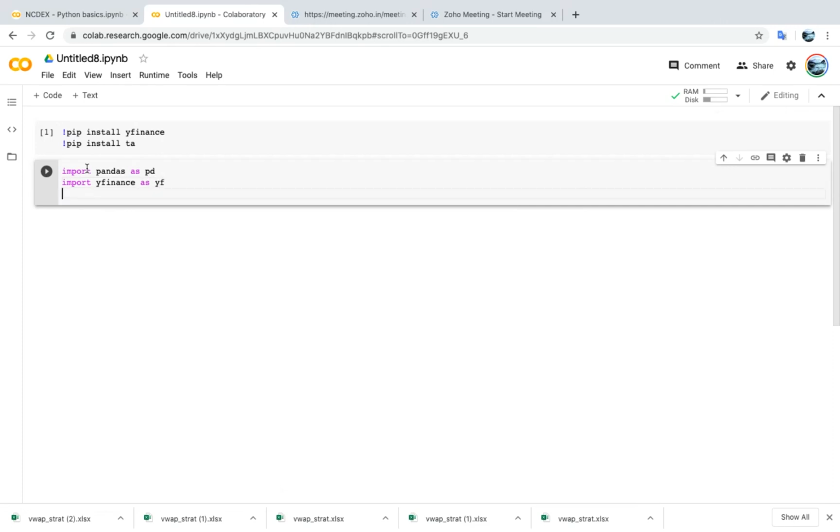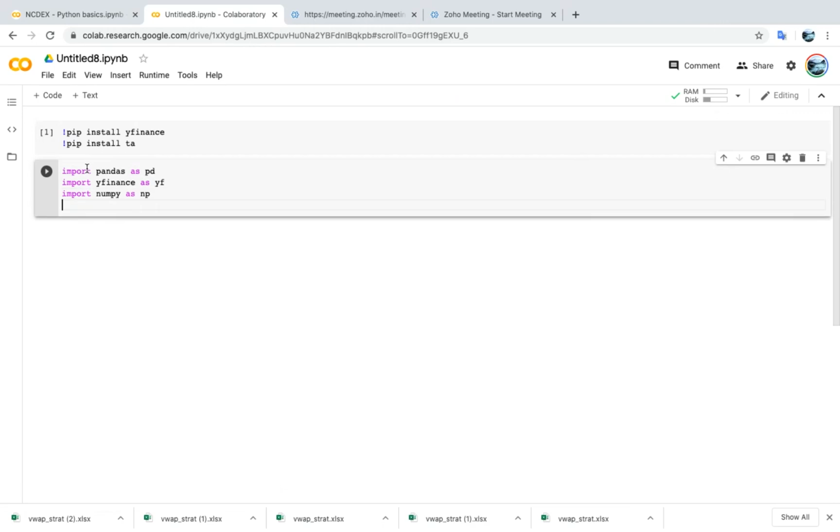And another important library, numpy. So this is about importing the required libraries. This is done.